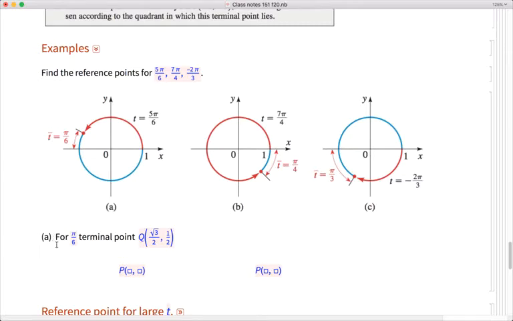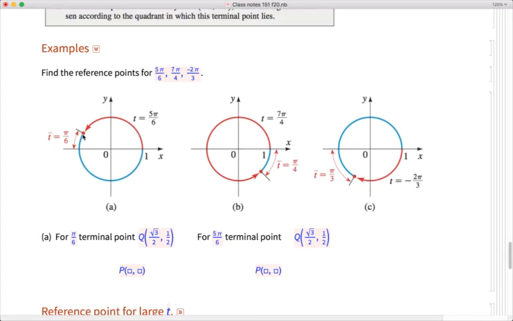And so for, I think a copy-paste might help here. For 5 pi over 6, well, we just have to adjust the signs on the point Q. So what we see is that the point Q is to the left.